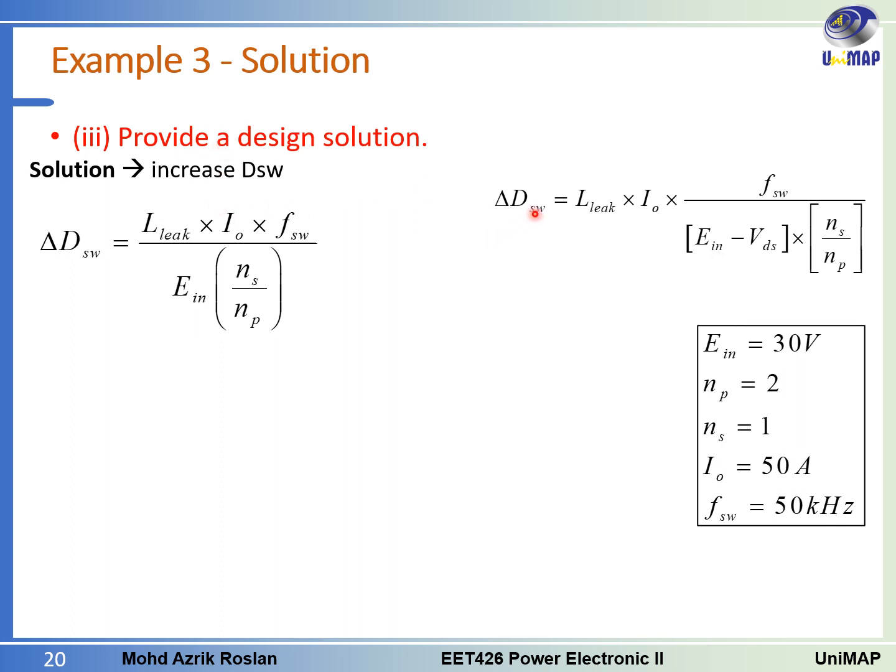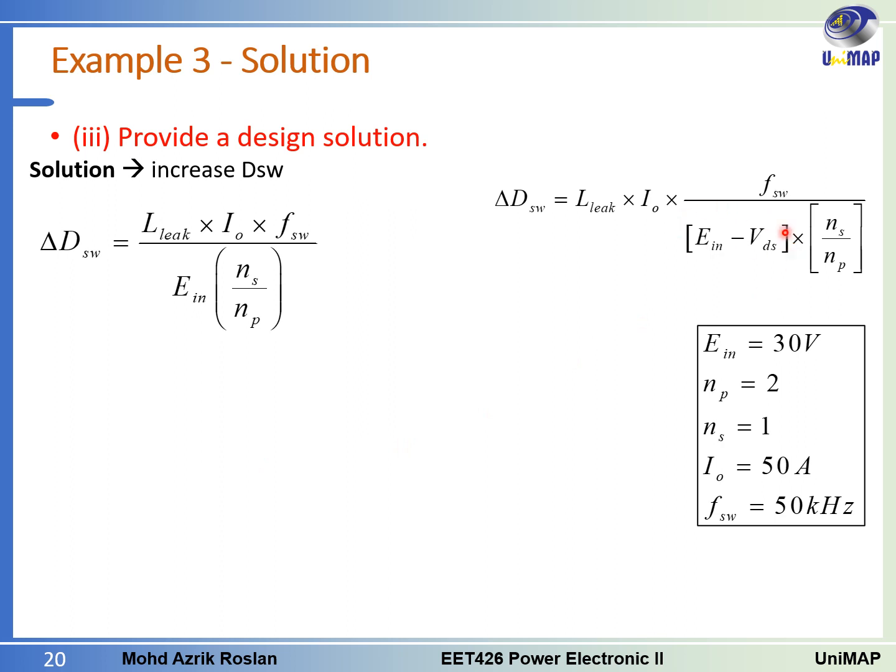Remember that we have this equation. The delta D switch is equal to L leak multiplied by I out, and then multiplied by F switch, and then divided by E in minus VDS times NS over NP. In this equation the VDS, the voltage during the switch turn on, is not given, so we assume that this is negligible and you can just use the E in.